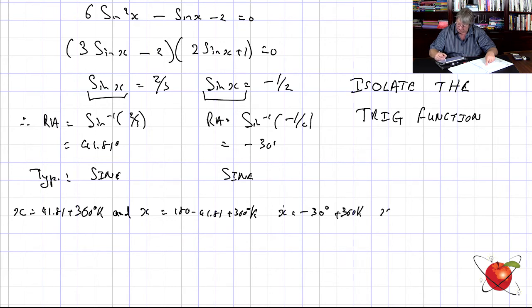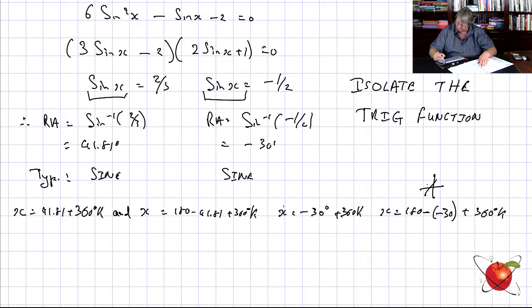And x is 180 minus minus 30, plus 360 degrees k.